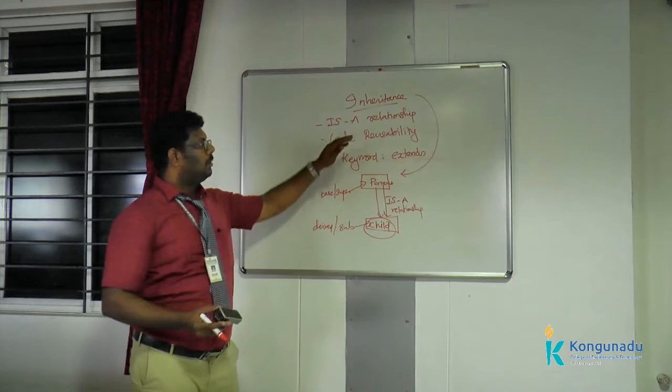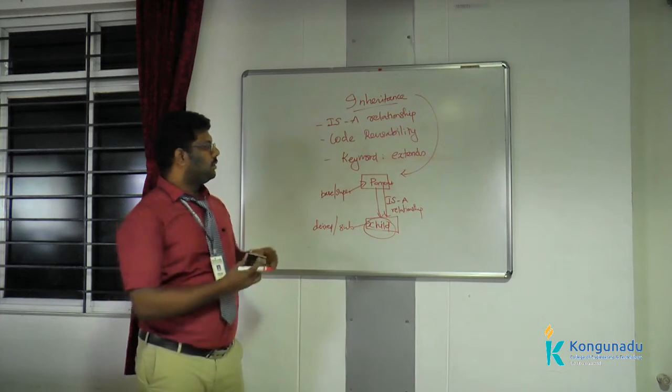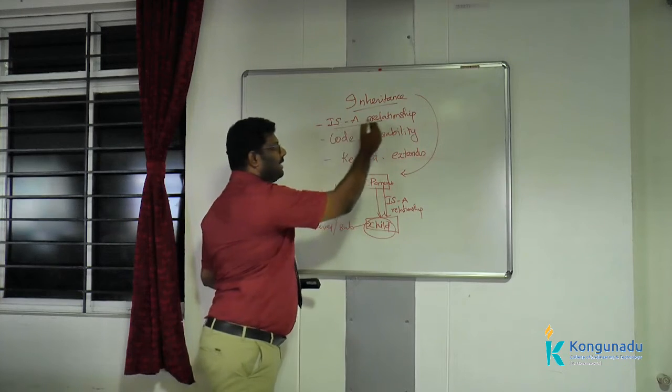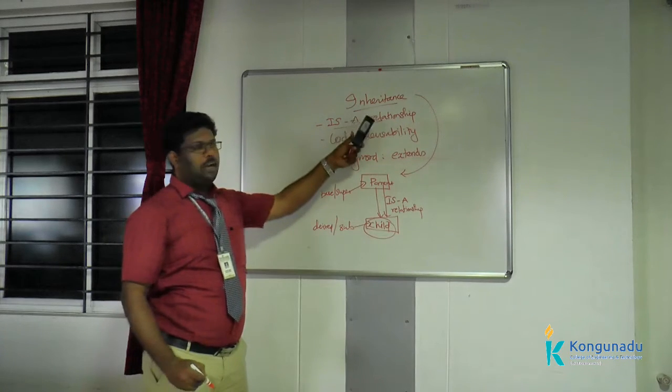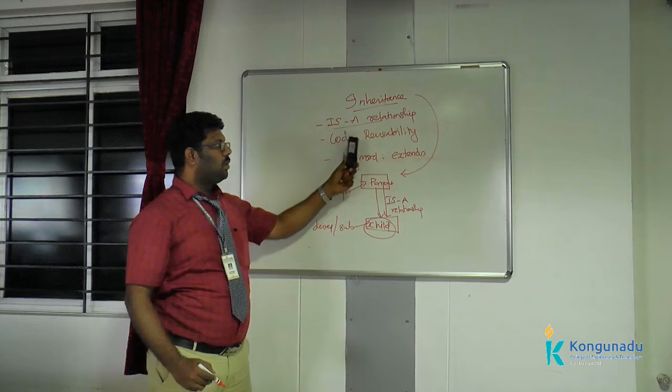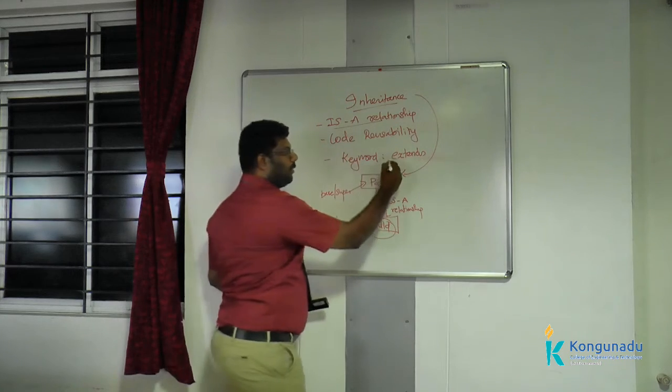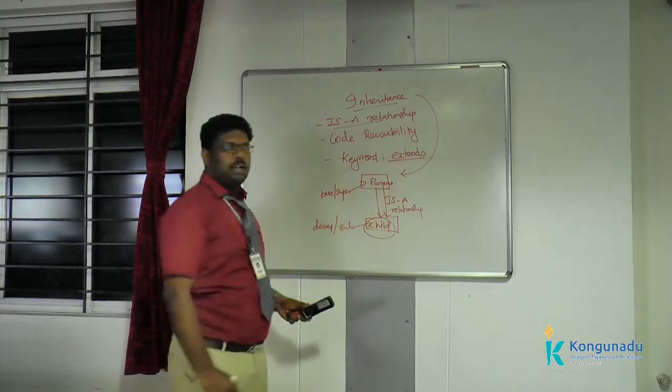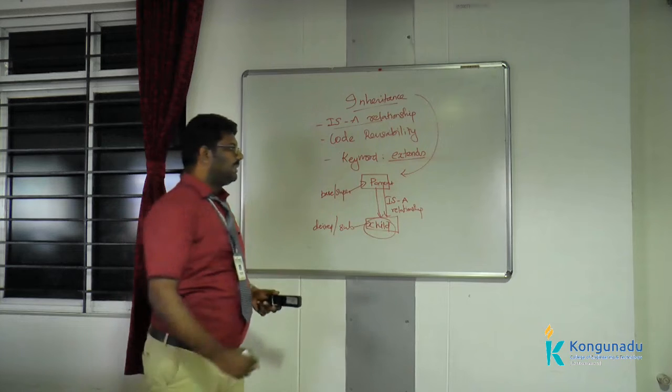Okay, so this is about the basics of inheritance. It follows an is-a relationship, and the main advantage of using inheritance is code reusability. When you write any inheritance related programs, we use extends.